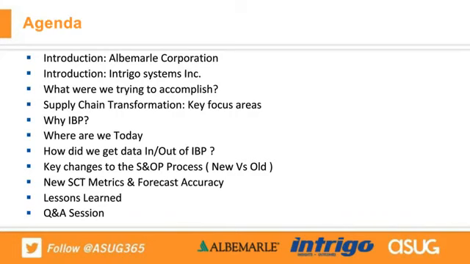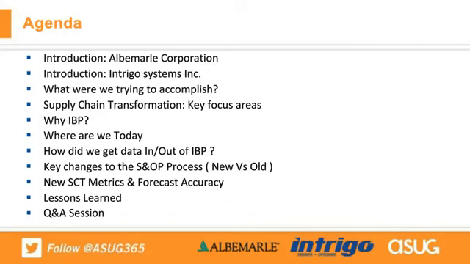Okay, thank you for the introduction. This is Eric Stratman. I'm going to start us off, and then I'm going to turn it over to Pushpinder and then maybe take it back. Our company is Albemarle Corporation. I have a few slides on that. Pushpinder is going to talk about Intrigo.